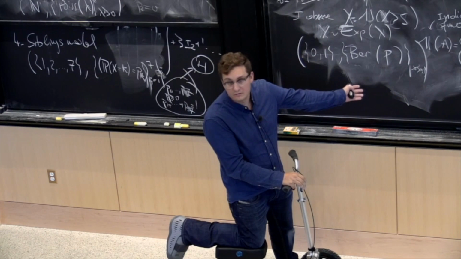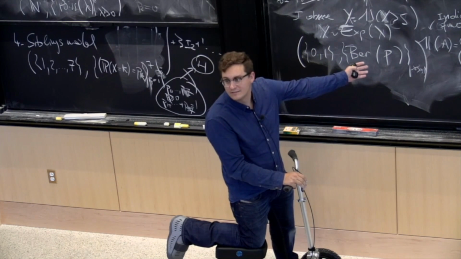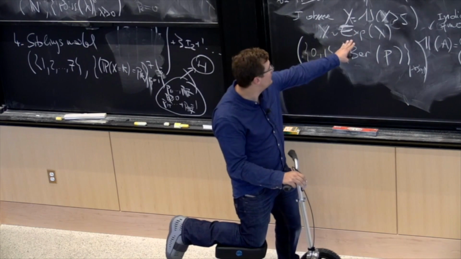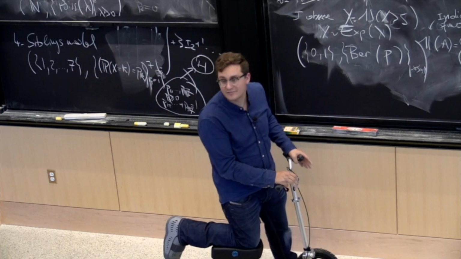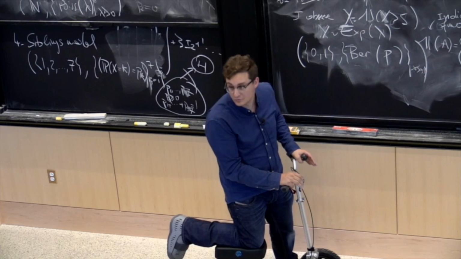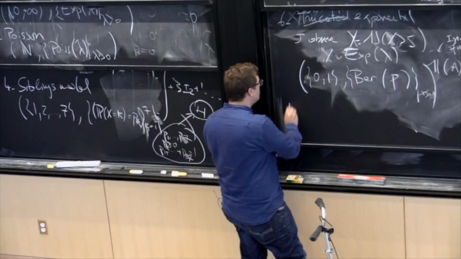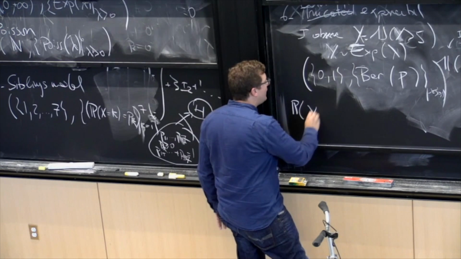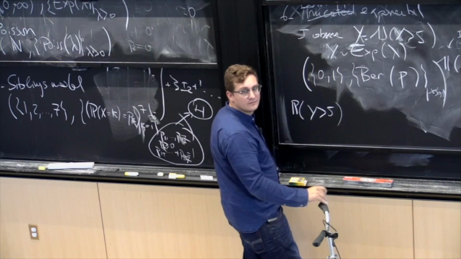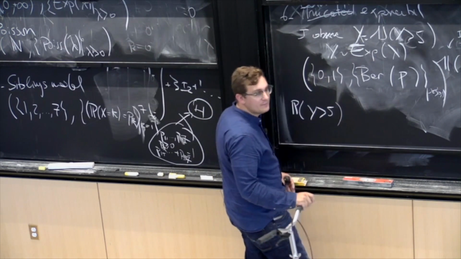But actually, no more. It's not any P. The P is the probability that an exponential lambda is larger than 5. And maybe I want to have lambda as a parameter. Okay, so what I need to actually compute is the probability that y is larger than 5 when y is this exponential lambda.